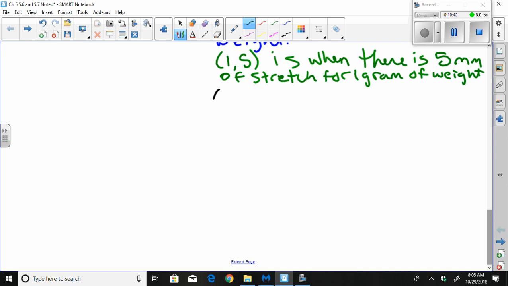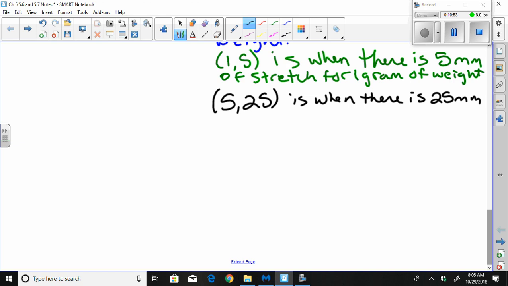And the point (5, 25) is when there is 25 millimeters of stretch or 5 grams of weight.